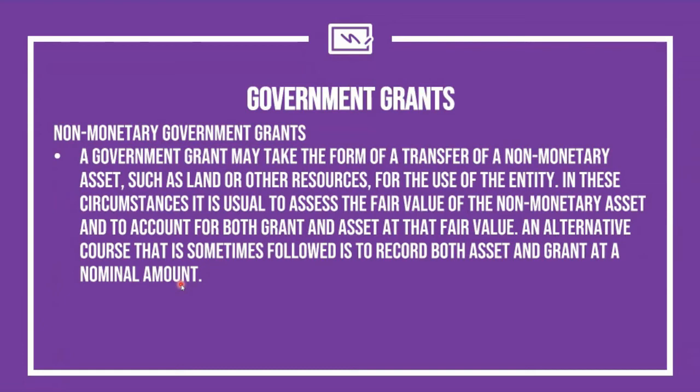And that is why, as an alternative, you can also use the nominal approach wherein you just disclose the grant that was provided. Because anyway, at the end of the life of that asset, the net amount will also be zero, because the income and the expense will have a net effect of zero. So that's basically the concept why, as an alternative, you are allowed to use the nominal amount.